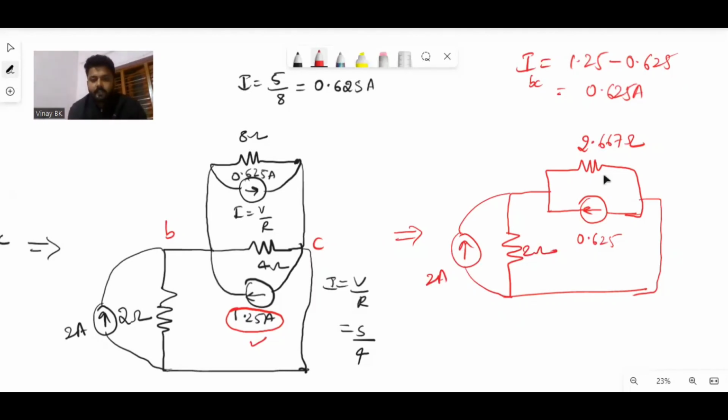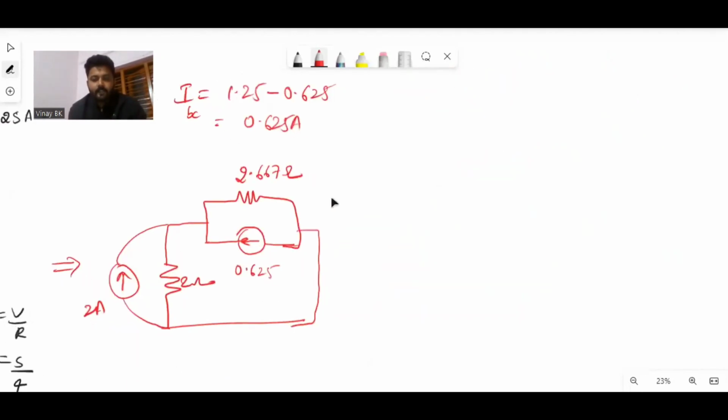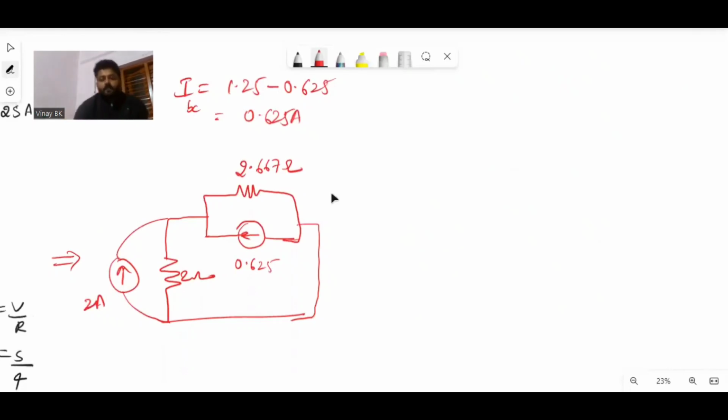So now you can see that line represents wire, so you can easily rewrite this circuit. So I'll shift this branch in a vertical direction. Instead of writing horizontal, I'll just shift to the vertical direction.